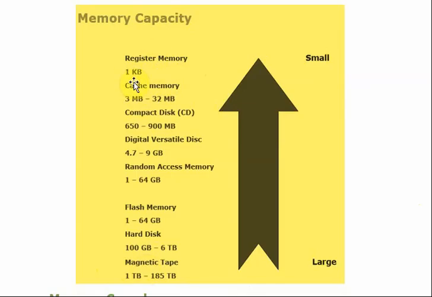Then the CD, DVD, then RAM, flash memories, then the hard disk, because this is the disk we use to store operating systems and everything. Therefore the capacity here is very high. Now we can use a solid state disk as well to store the operating system, but the solid state disk capacity is normally less than the hard disk drive.